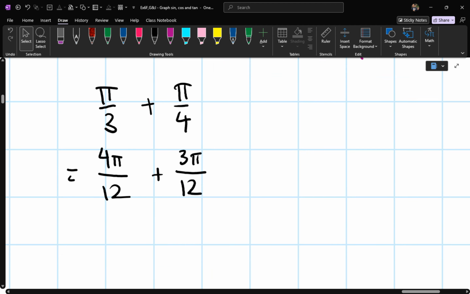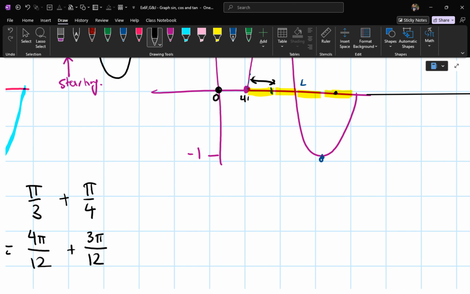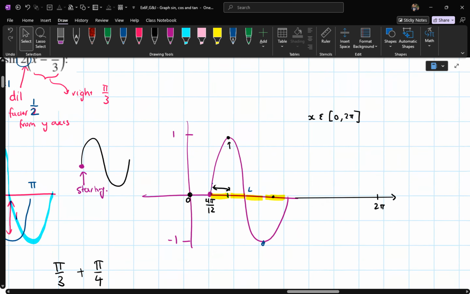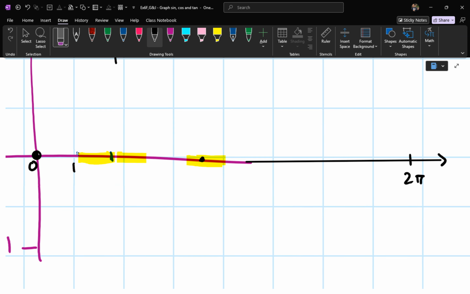So now, instead of saying pi on 3, I'm going to change this to 4 pi on 12. And if you think about it, you want to make it easier when you're sketching this graph. Doing a scale of pi on 12s will make our lives easier.